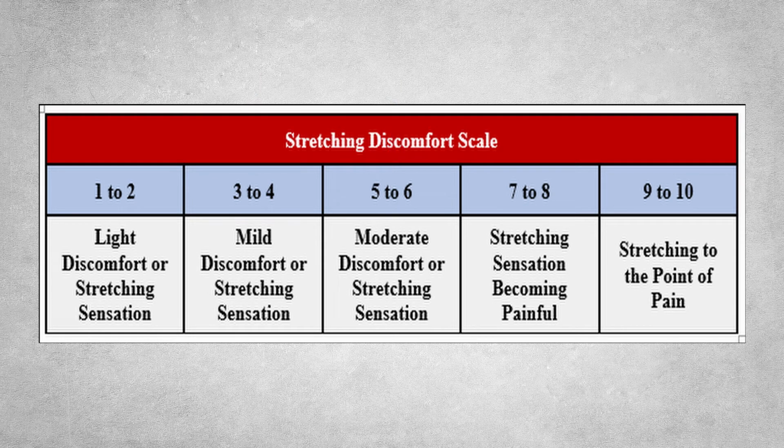Having said that, research shows that lighter stretching like a 2 or a 3 may still improve range of motion for some people, and even stretching to the point of pain, which I would never recommend, but it has been shown to improve joint range of motion as well. But most people should stretch to the point of mild or moderate discomfort.